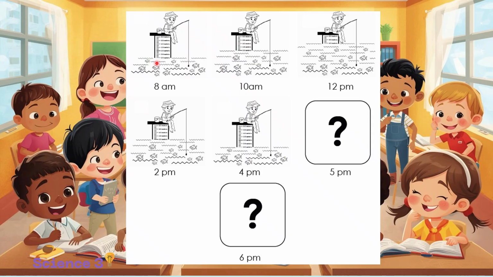These are the illustrations for 8 a.m., 10 a.m., 12 p.m., 2 p.m., and 4 p.m. What do you think is the water level at 5 p.m. and 6 p.m.?